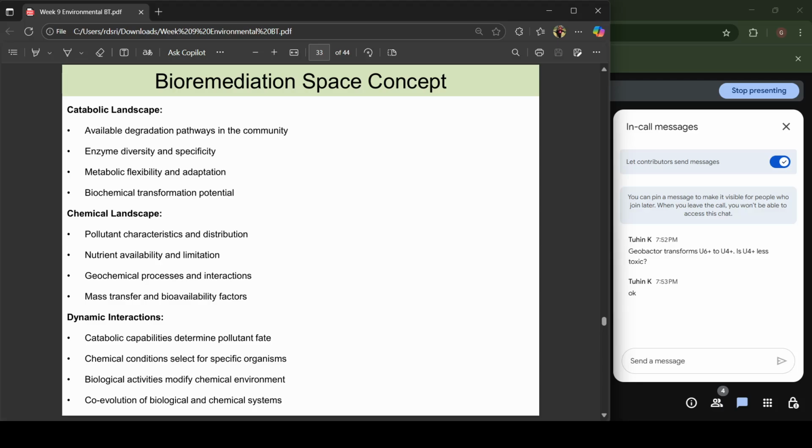If not, we need some other carbon energy source for the organism to first survive and then go about remediating the pollutant. We need to know about the geochemical processes and interactions. So how the presence of the components in the habitat itself, the abiotic factors as we saw, affects the remediation process, and we need to estimate the mass transfer and bioavailability factors. So this is about the chemical landscape.